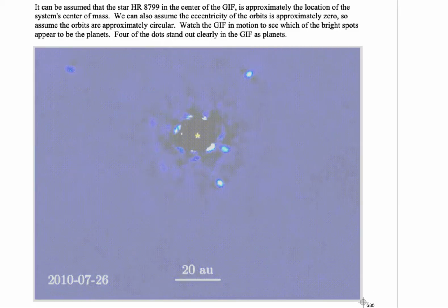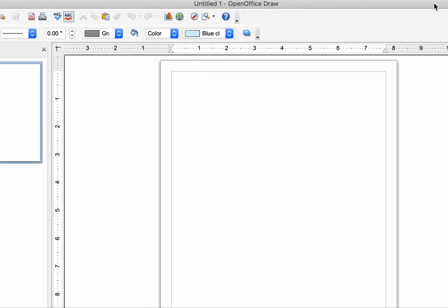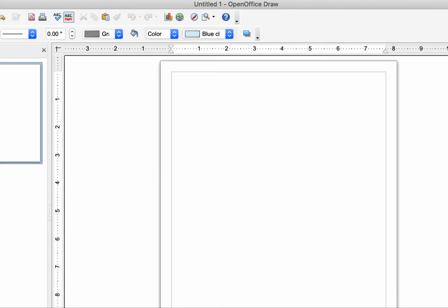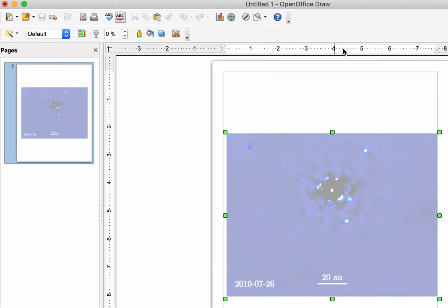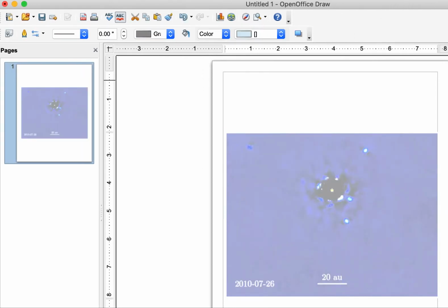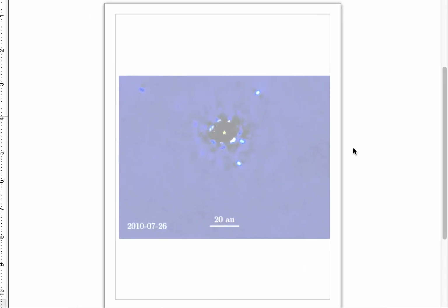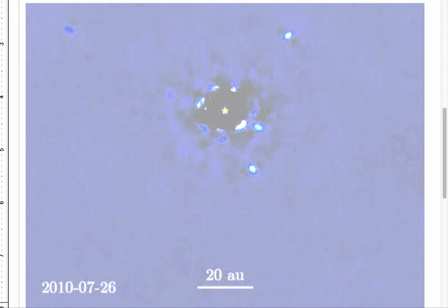So if I say take this image and copy it to a program where I can draw a line, it's just called OpenOffice Draw. So I'll copy my image in. And then all I want to do is just draw a line from the star to one of the planets.